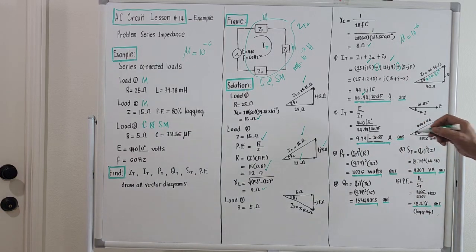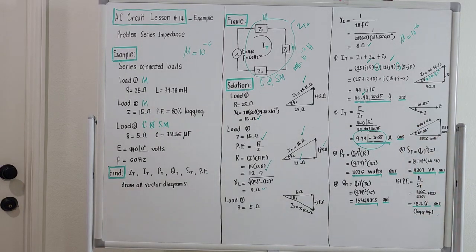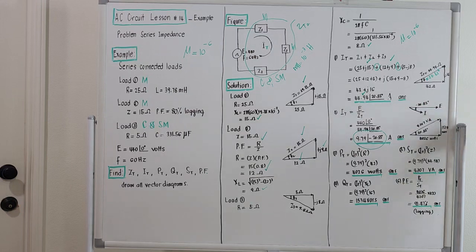And what is the significance of this current here? Meaning to say, the resulting total current lags the applied voltage by an angle 20.85 degrees. And if we try to bring out the vector diagram, this is the applied voltage. It is horizontal, right? And the current lags this E here by an angle negative 20.85 degrees.